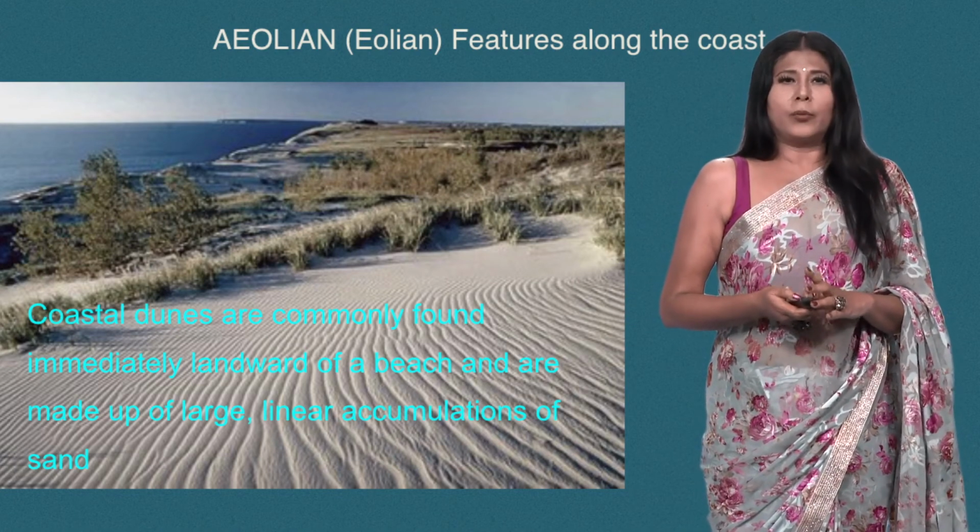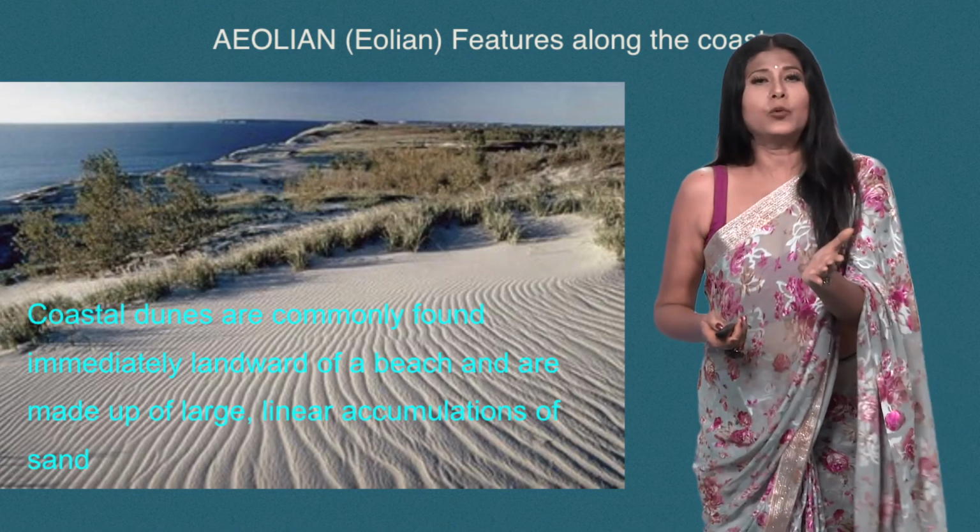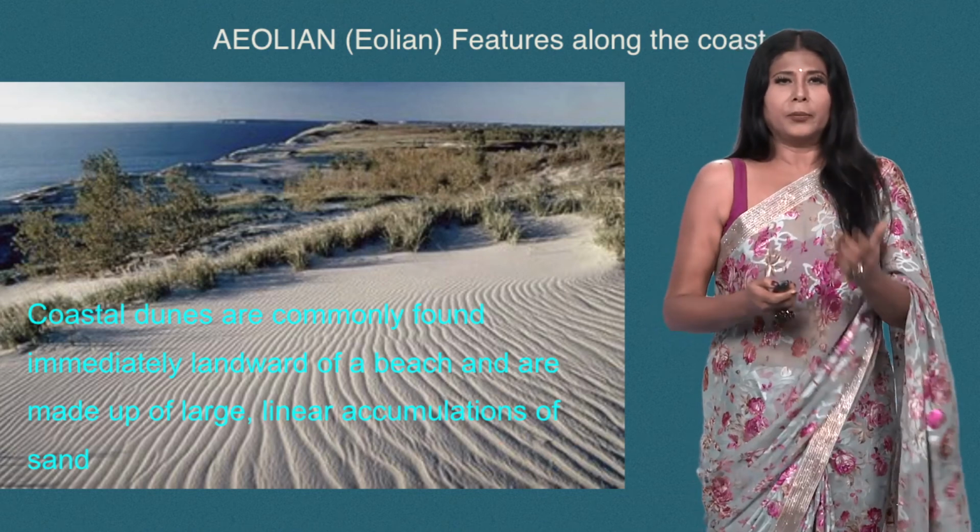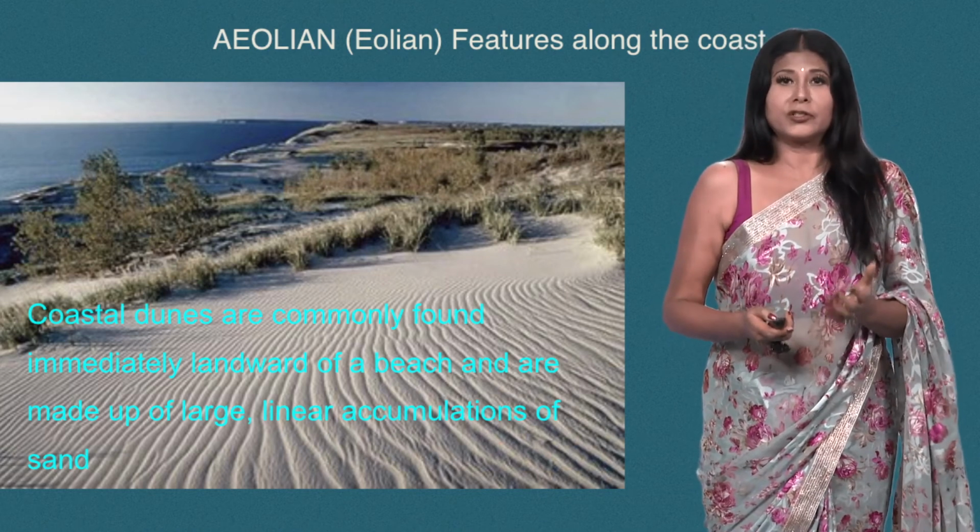Coastal dunes are commonly found immediately landward of a beach and are made up of large linear accumulations of sand. In the desert areas, we have got sand dunes. Likewise, in the coastal areas also, sand dunes are there, especially in those coastal areas where the sand supply is plentiful.